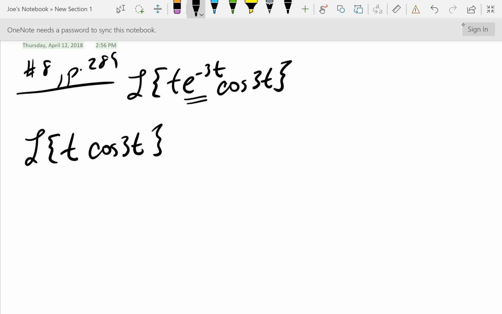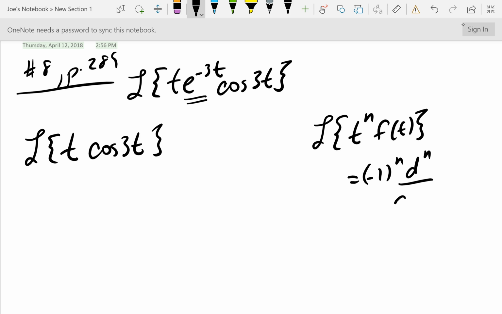The theorem that we're going to use here is if we have the Laplace transform of t to the n times f of t, that's going to equal negative 1 to the n times the nth order derivative of the Laplace transform of f of t, where the n that we're using here is the same as that power of n.